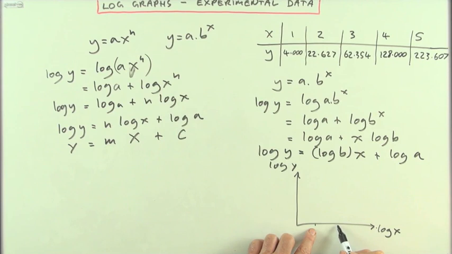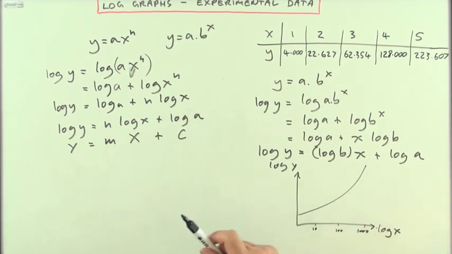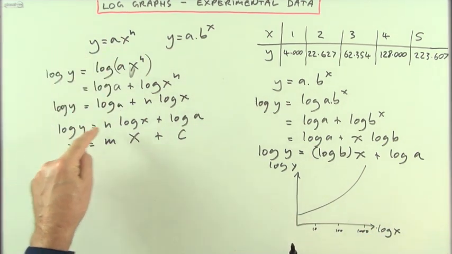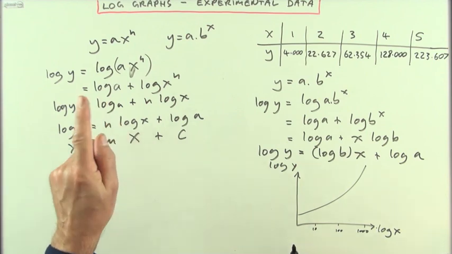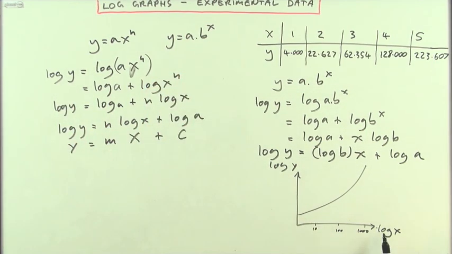If that was 10, then that would be 100, and that would be 1,000 in terms of a log graph. So instead of a straight line, that should again just produce a curve. So I can tell which one it is. If it's a proper power term, log against log will give a straight line. If it's an exponential term, log against log will still give me a curve.